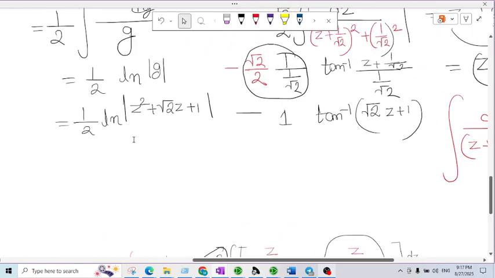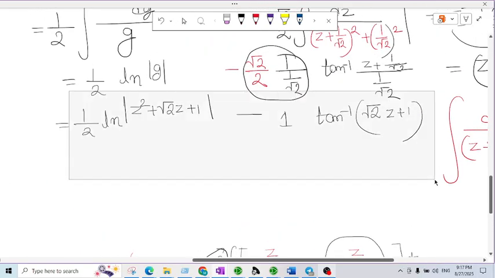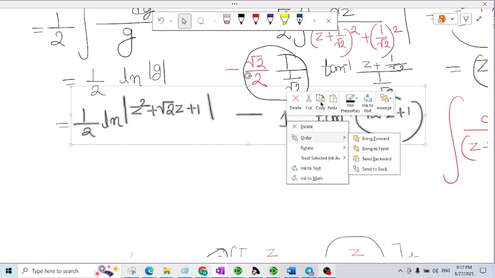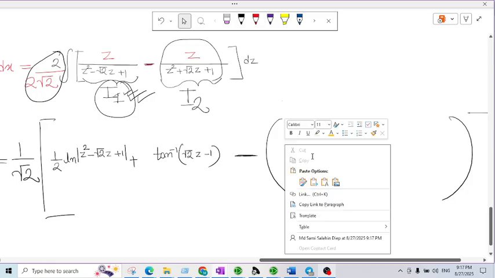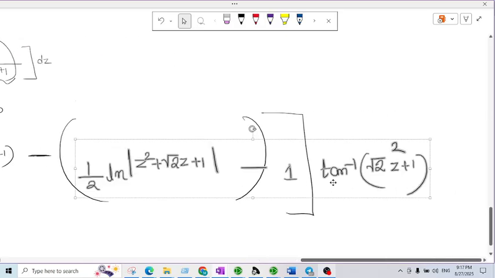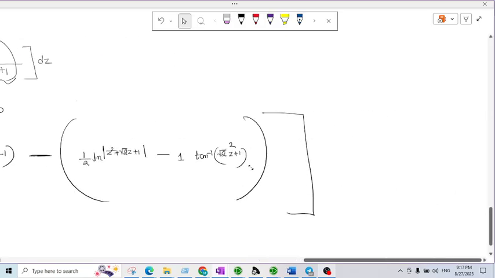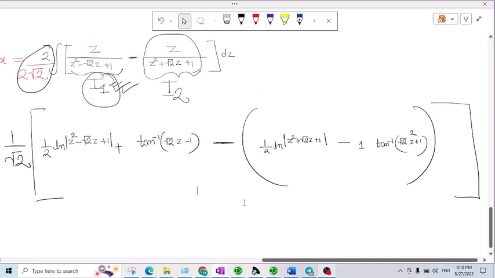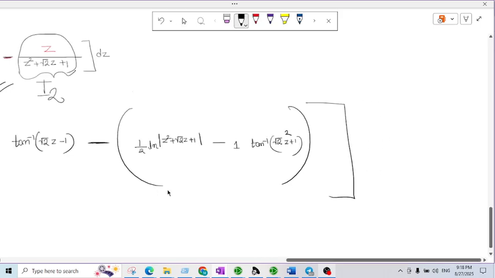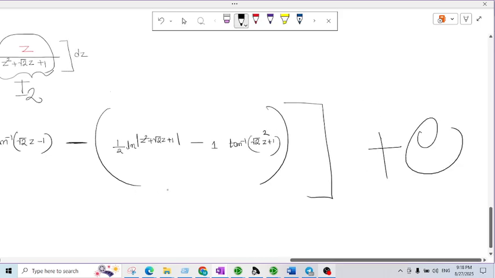So this is my I2. Let me copy this thing. Now let me paste this value here. Well, so this is the final answer, and then I can write the indefinite integral constant c.